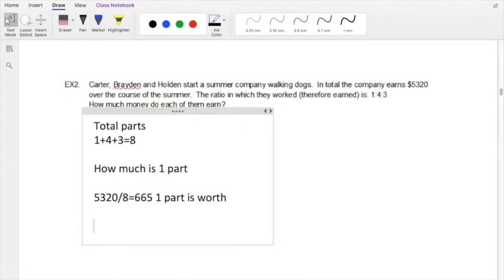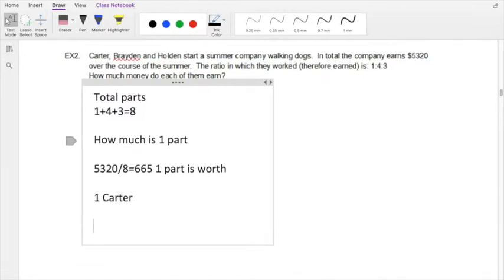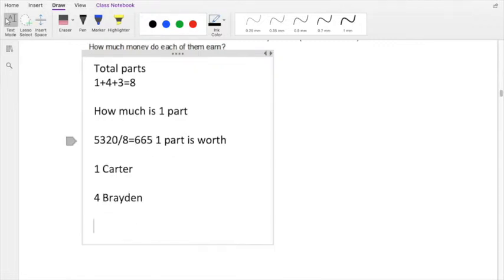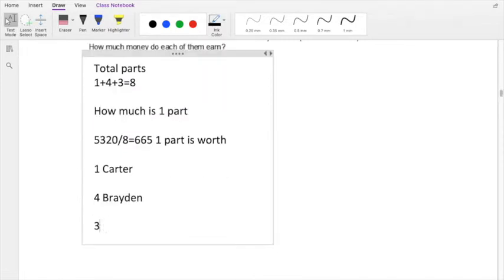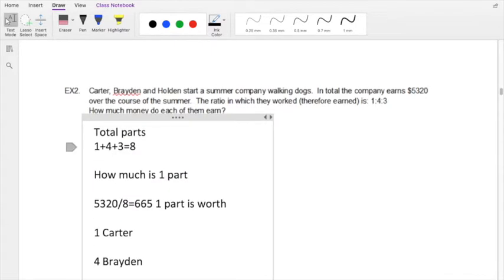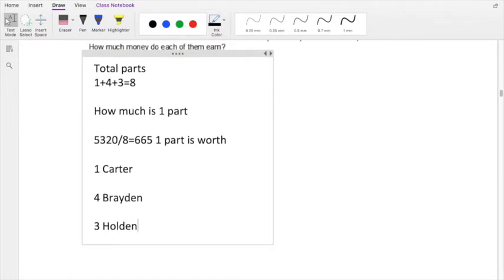So then let's look at this. Now we have to figure out how much each person makes. So 1 is Carter, 4 is Braden, and 3 was, what's his name? Holden.